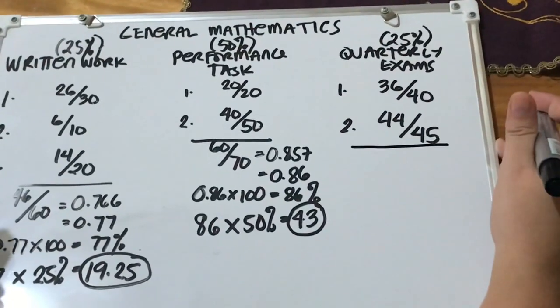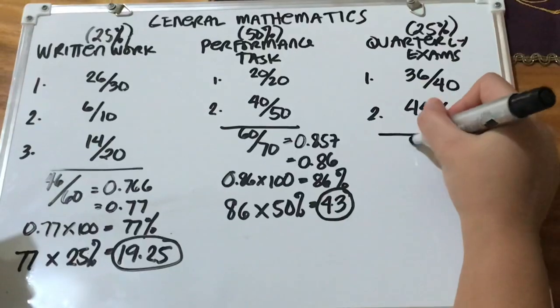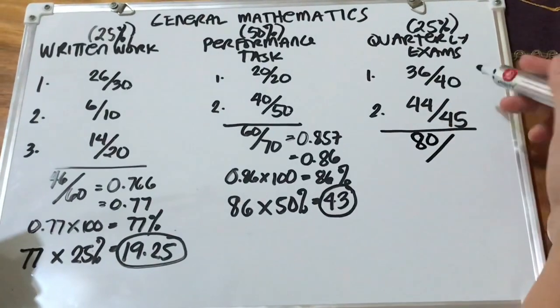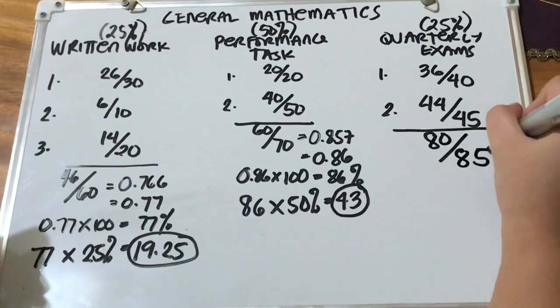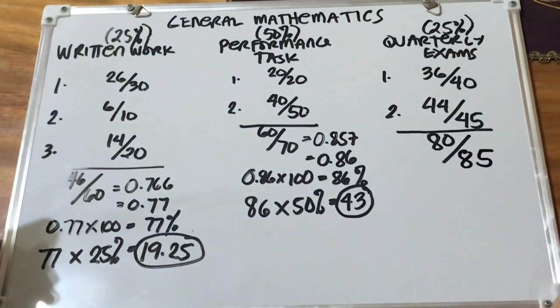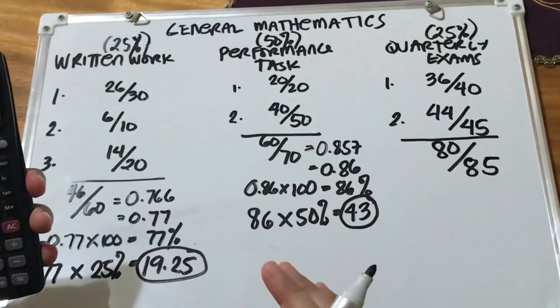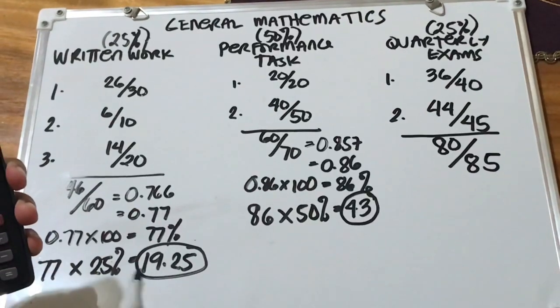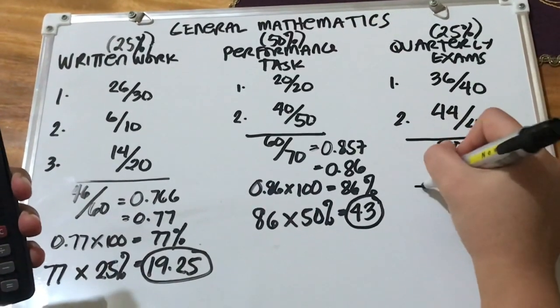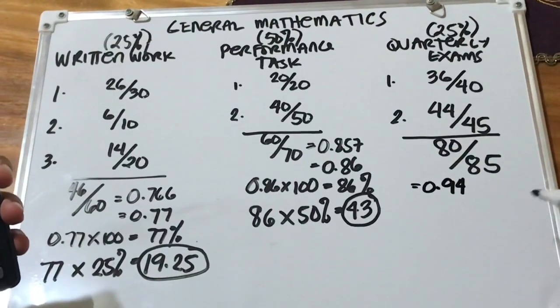The last one is the quarterly exam. You add the scores, that is 80 over 85. So when you divide 80 by 85, it is 0.94.